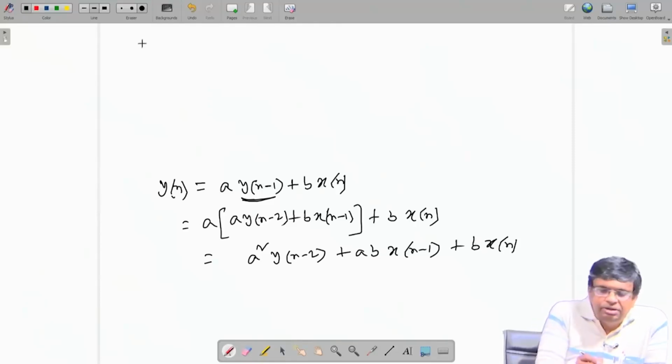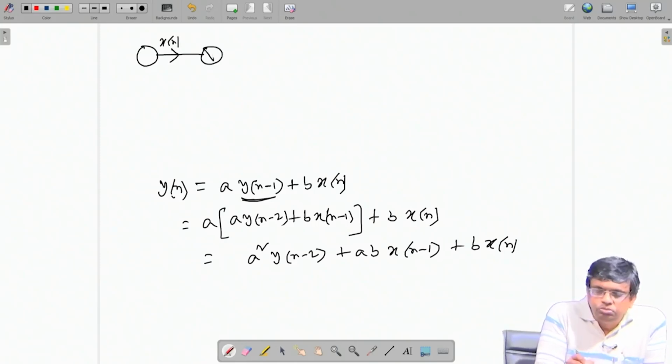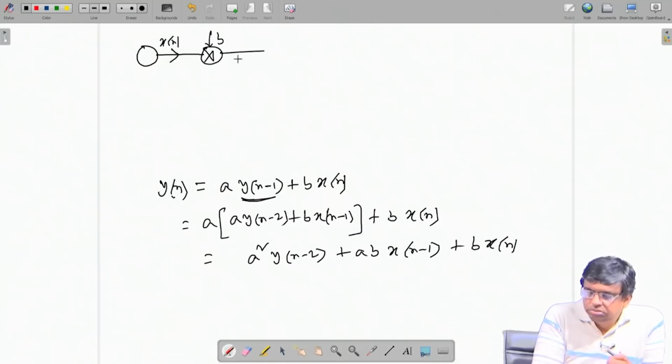So, x n signal source, b x n, then x n minus 1.